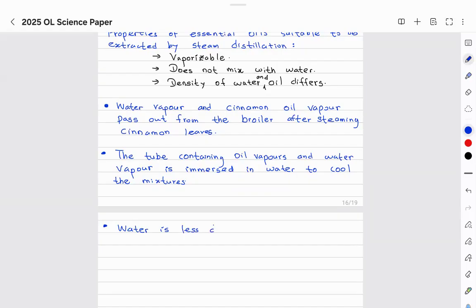Then water is less dense than cinnamon oil.